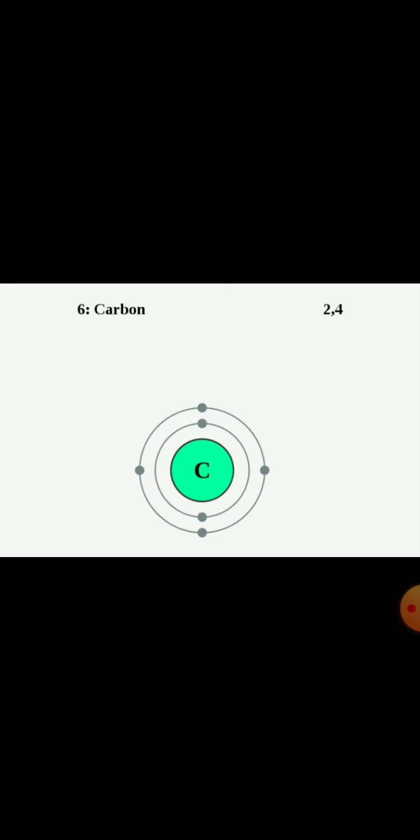Outside the nucleus it has 2 electrons. Then it will need extra energy to remove these 4 electrons. Because in the first orbit only 2 electrons are there, so it will be very difficult to remove those 4 electrons. So this is the problem to attain the octet configuration.